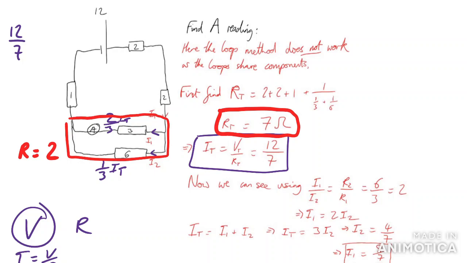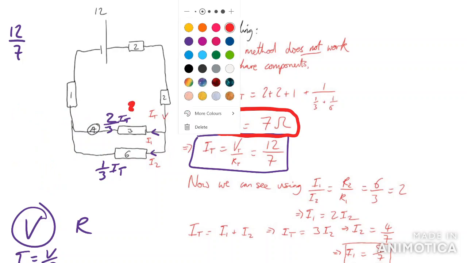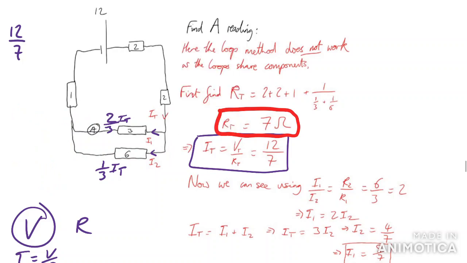And so how much voltage does that path, that little block, get? We know that the voltage is equal to 2 over 7 times 12, which is 24 over 7. So that's how much voltage is across this path. In other words, just to make that clear, this guy gets 24 over 7 volts, and this guy also gets 24 over 7 volts.